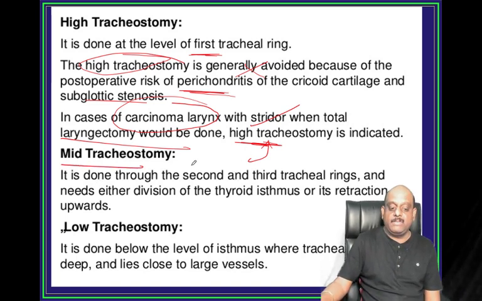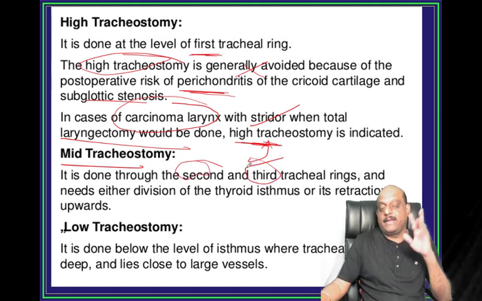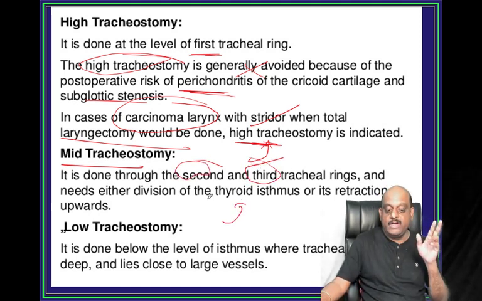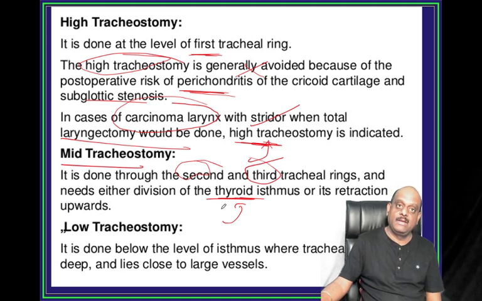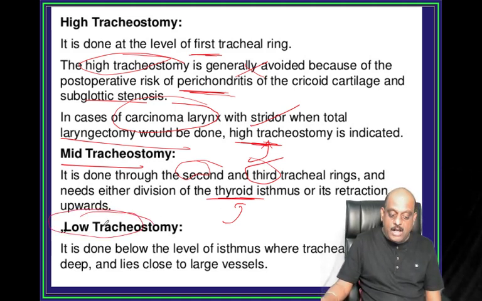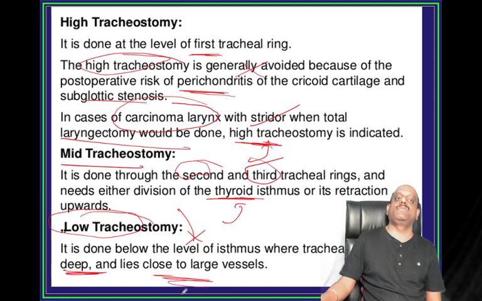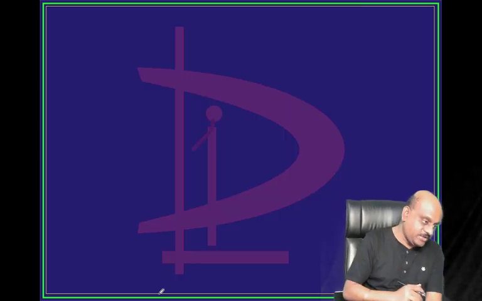Mid tracheostomy बोले तो second and third tracheal rings के बीच में, it involves division of the thyroid isthmus. Low tracheostomy is below the isthmus, where trachea becomes very deep and it is very close to large vessels. That is the big challenge.